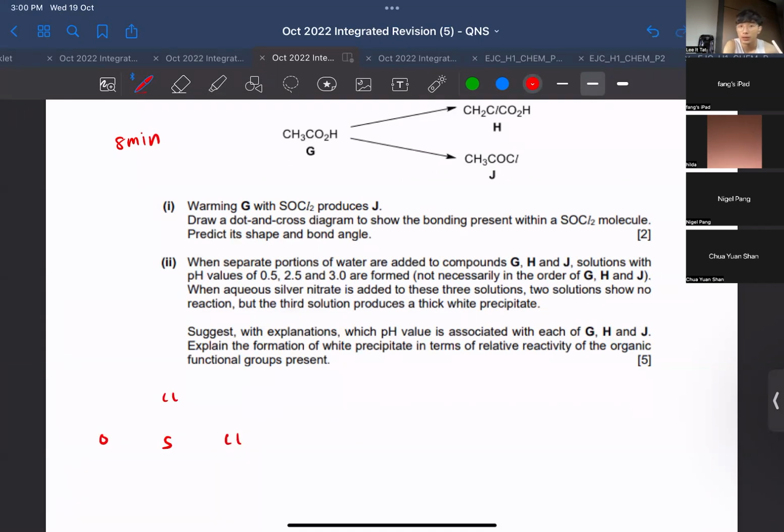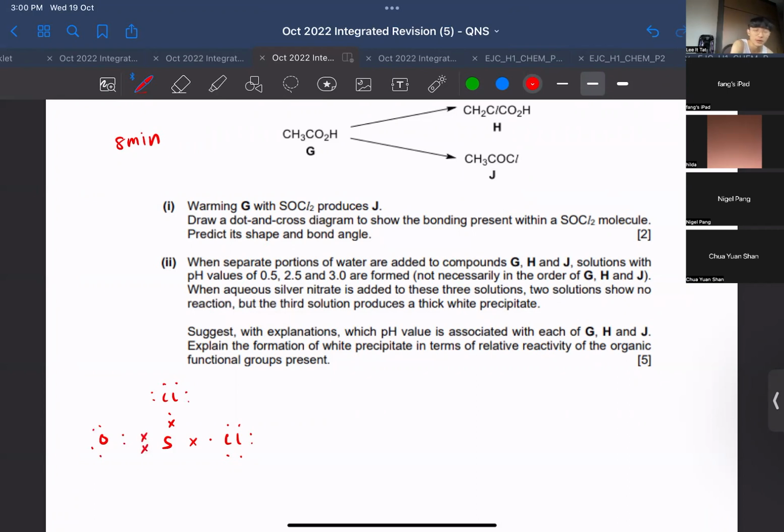Then what you can do first is to settle all the valence electrons. Chlorine can only form one bond, so very quickly. Same thing here. Oxygen can form two bonds, so just draw a double bond here. Finally, go and check your central atom.